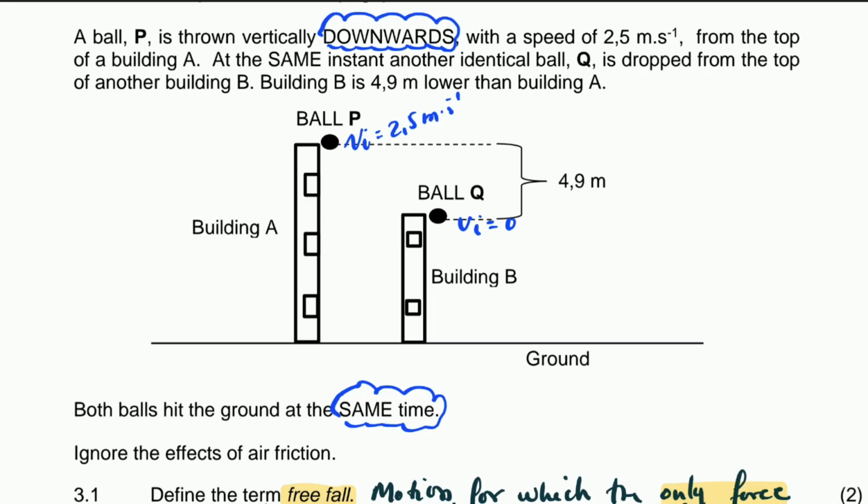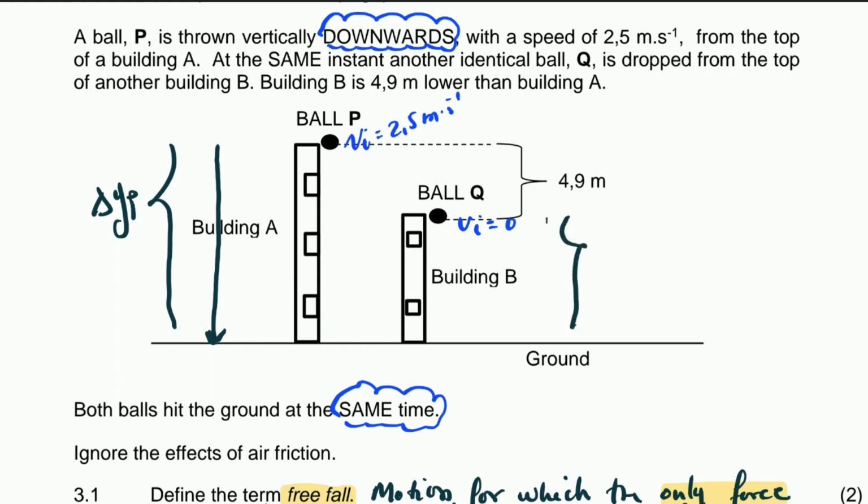Now we need to go back to the question real fast, and I want you to see something. The displacement for ball P is this one. It's a vector that is going down. That is the displacement for P. Now the displacement for Q will be only this one here, but we have to quit because we have too many unknowns.